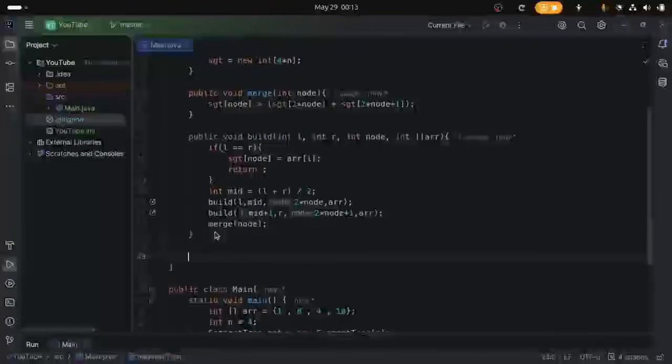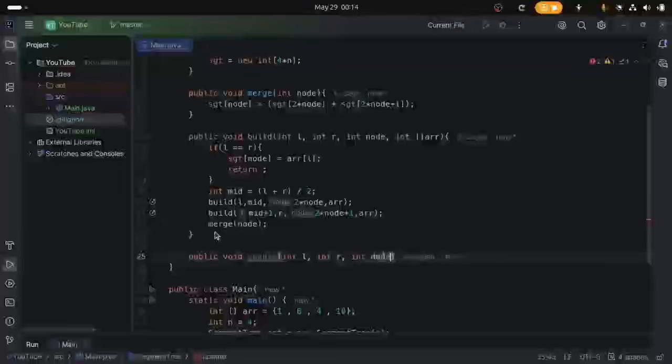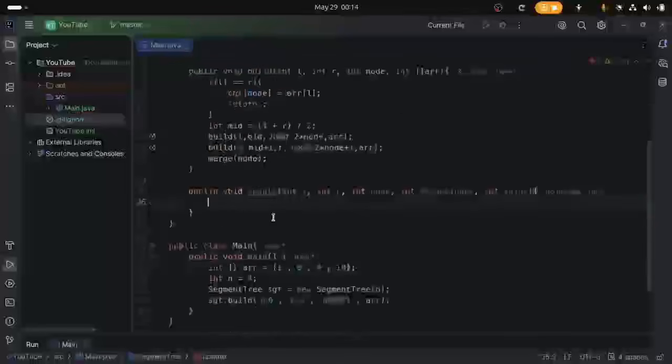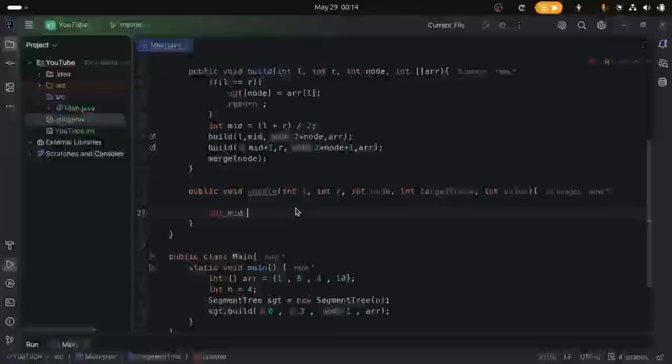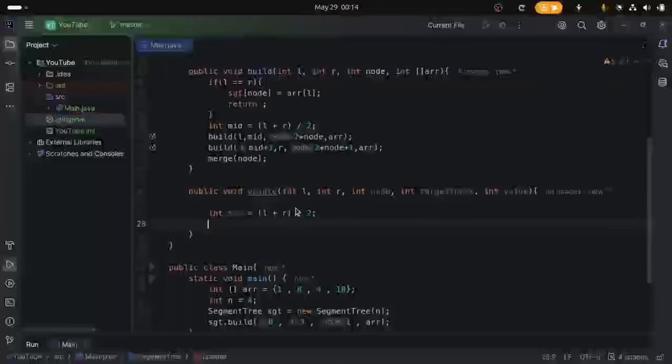Now let's write the update function. Public void update integer L, R, our array range, and node, integer target index, and the value which we need to put over there. Okay, in update also what we do, we usually calculate the mid, and as I said earlier, we will compare our target index with mid.